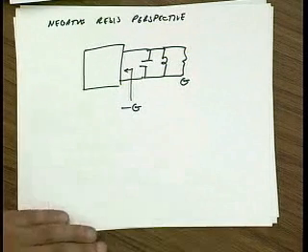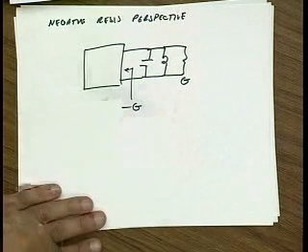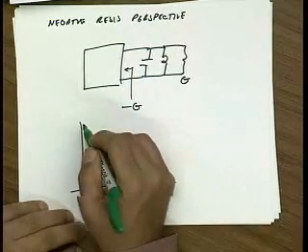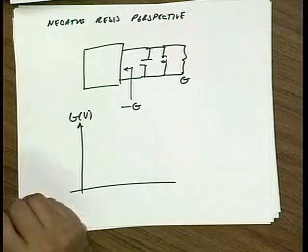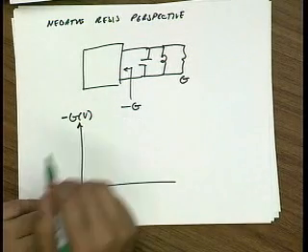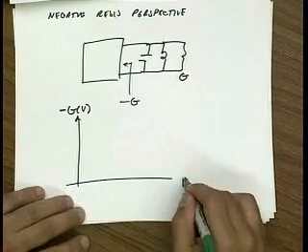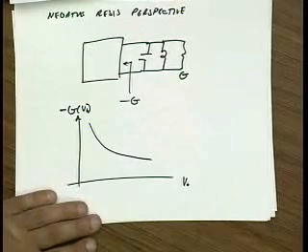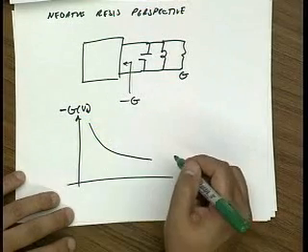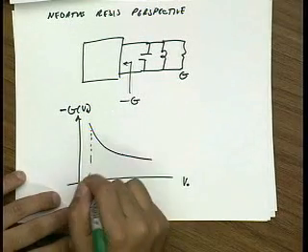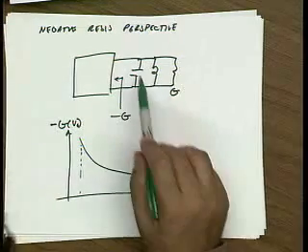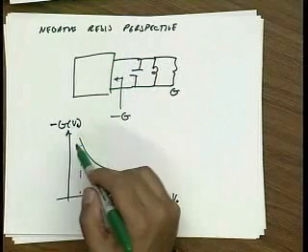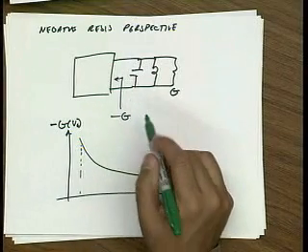Okay? And the reason that, from a negative resistance perspective, this circuit is stable is that the resistance, let me say the minus G of V versus V, where V is the oscillation amplitude, is some kind of decreasing function. So if initially we start out over here, when the oscillation amplitude is very small, this has a lot of negative resistance. And the negative resistance is more than enough.